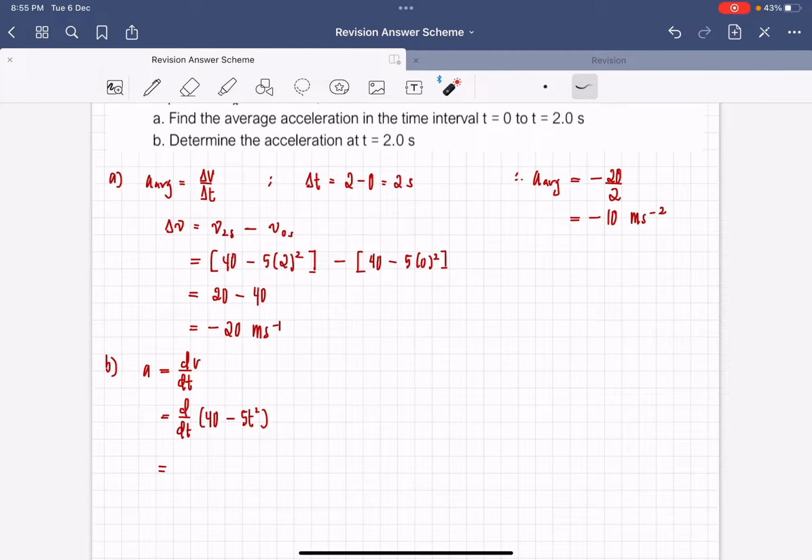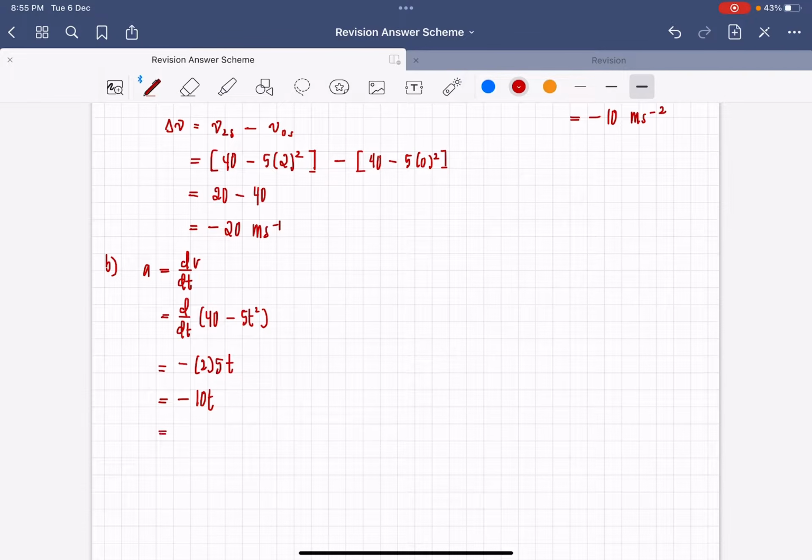So if we derive something, the power will go down, and the power will be minus 1. Okay, so it becomes negative 2 times 5t. So we get negative 10t. So from here we can substitute t equal to 2 seconds. So we will get negative 20 meters per second squared.